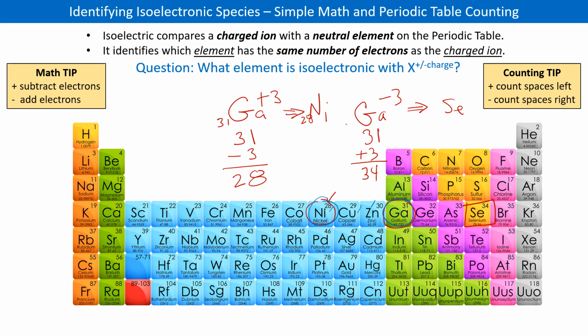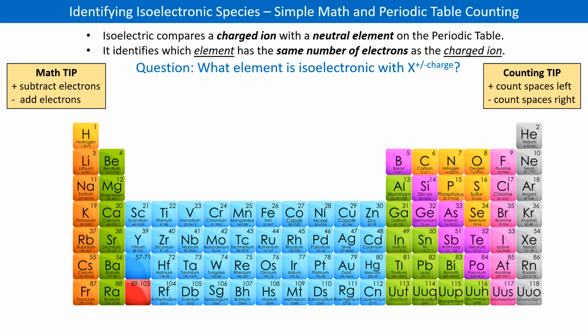Gallium, atomic number 31, is isoelectronic with selenium with 34. That is, gallium minus 3 is isoelectronic with selenium, atomic number 34. And we can count and do that also. Start with gallium, 1, 2, 3 counts to the right, and we get our answer.